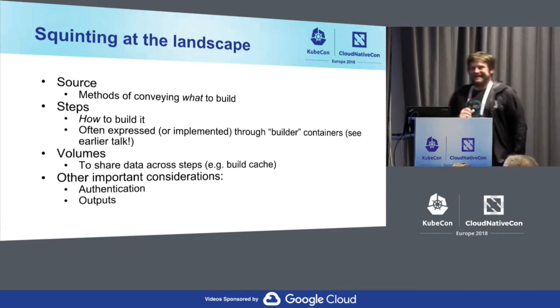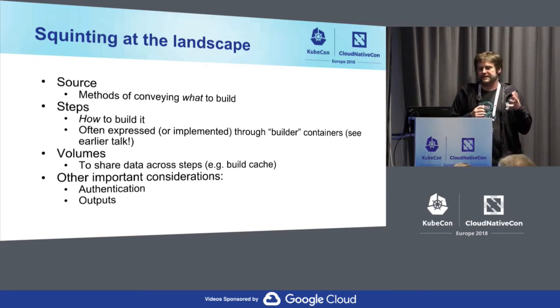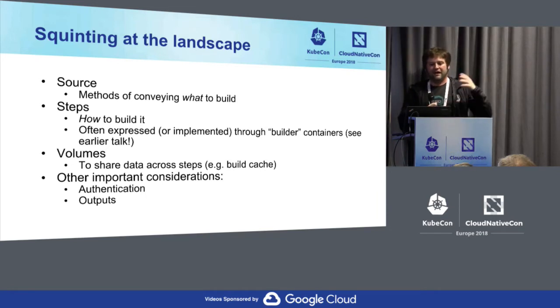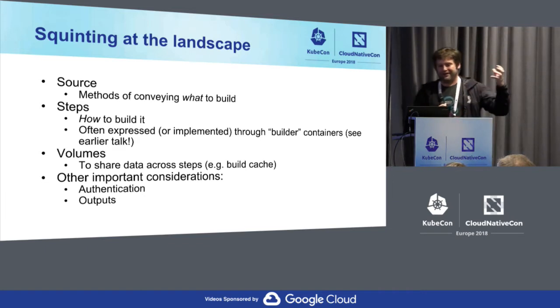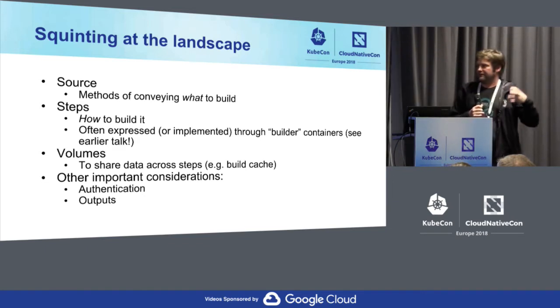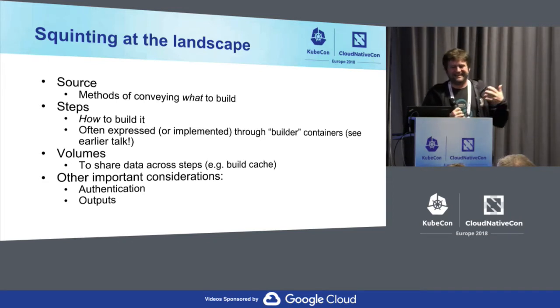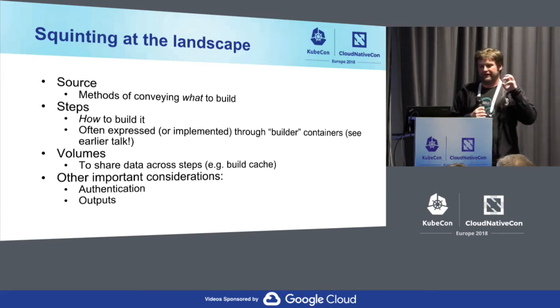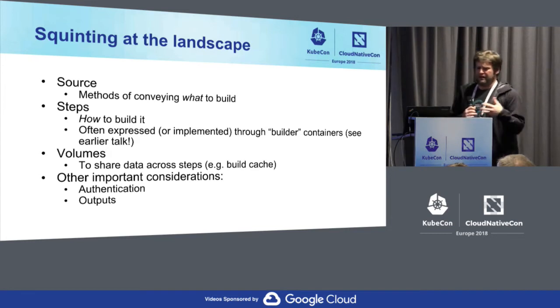Okay. So, we talked about a bunch of methods. I don't want to claim this as exhaustive, but squinting and looking at this, a lot of them feel like they have common elements emerging, right? All of them define some sort of source. Git seems to be pretty popular. One or more steps on how to build that source context, and I think a relatively common pattern is expressing that how in terms of a builder container abstraction.